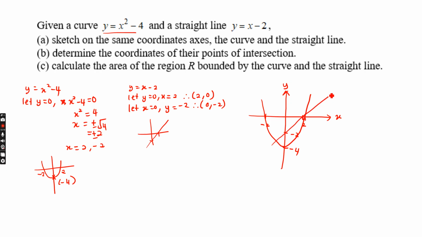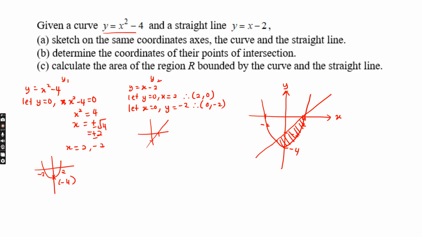Okay, so how do we know which part we need to shade? This part, the small part here. Understand? So now, which one do we need to minus with what? Is it linear minus quadratic, or quadratic minus linear? So here I just put y1 for quadratic, y2 for linear.